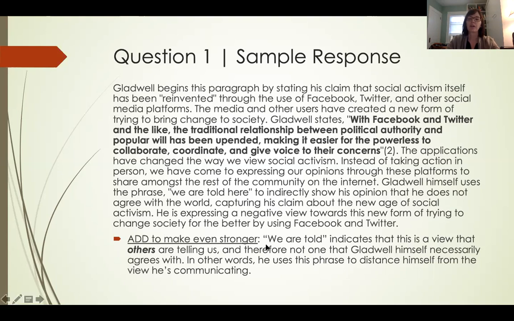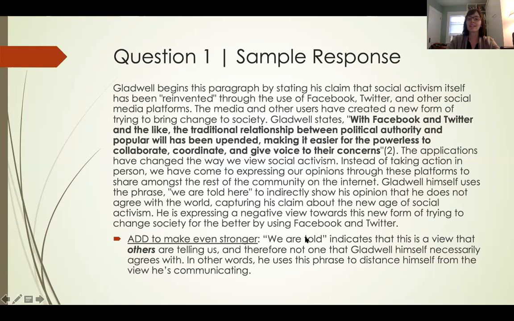So, for example, "we are told," right? The writer here is just saying "we are told" tells us he's critical, right? But it's not clear to the reader exactly how that phrase means that he's criticizing, right? So we have to spell that out.